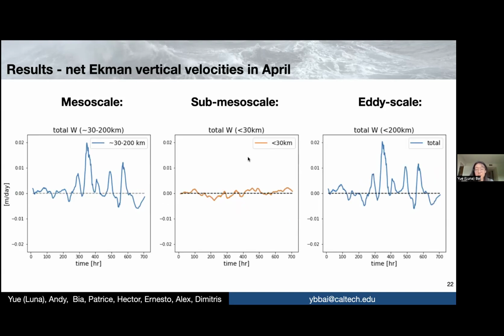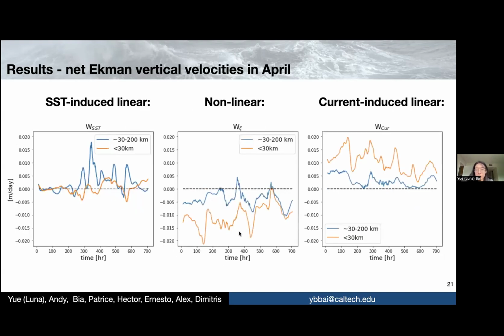But it becomes very interesting if we look at sub-mesoscale. Before, if we looked at sub-mesoscale, we would expect the nonlinear component or the current-induced component to make a strong net contribution, but we wouldn't expect the SST to make a dominant contribution.